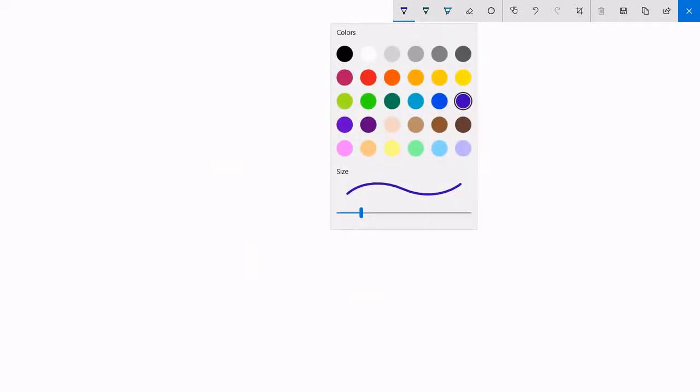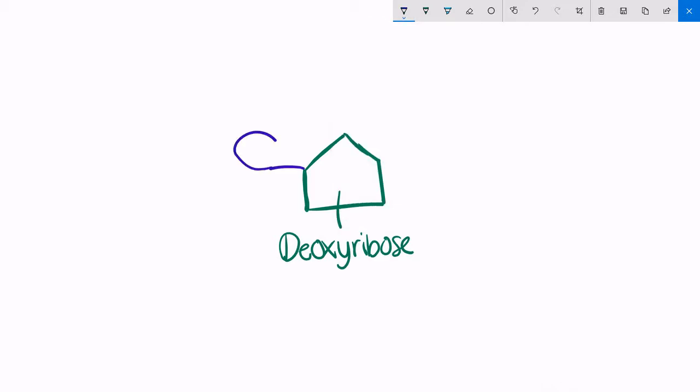So, as I mentioned, we have this sugar in the shape of a pentagon, which, if you know your shapes, has 5 sides. And in the case of DNA, specifically, this will be deoxyribose. Also, it has a phosphate group, which will be represented by this circle here.